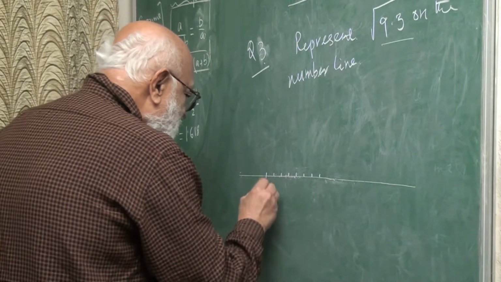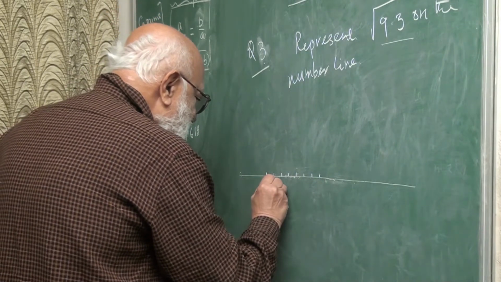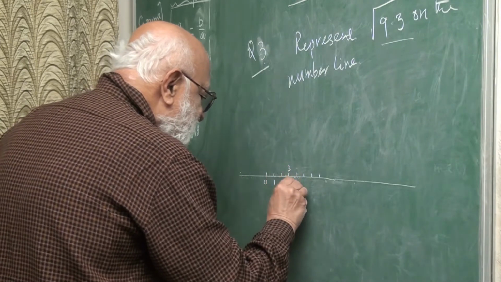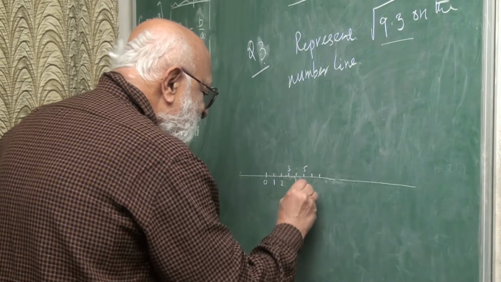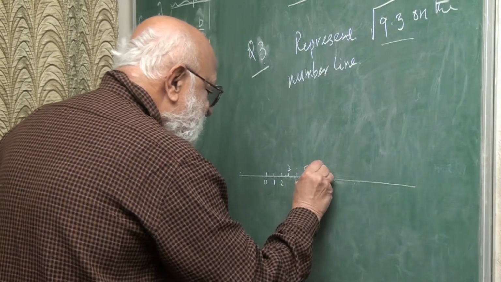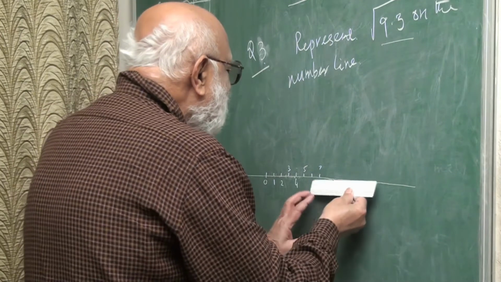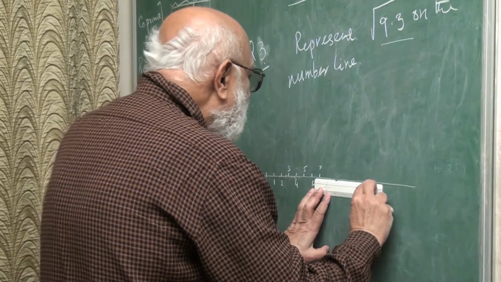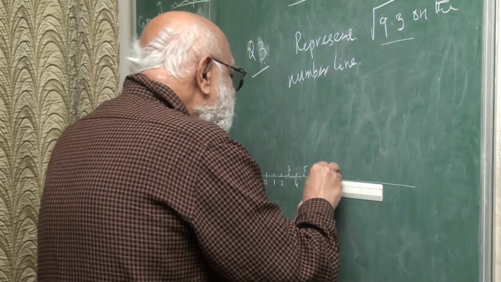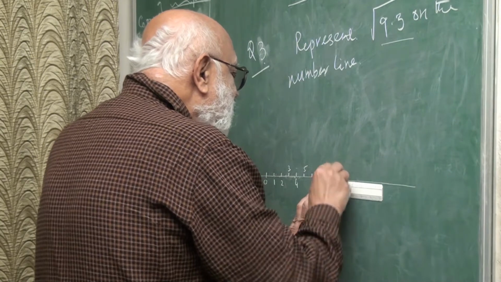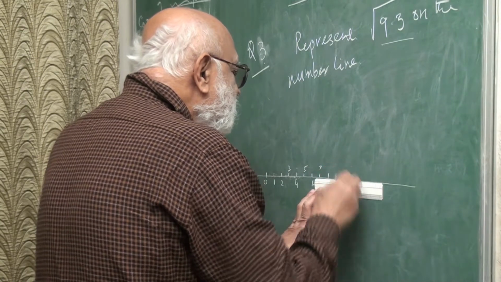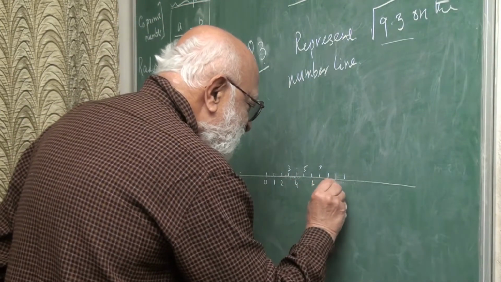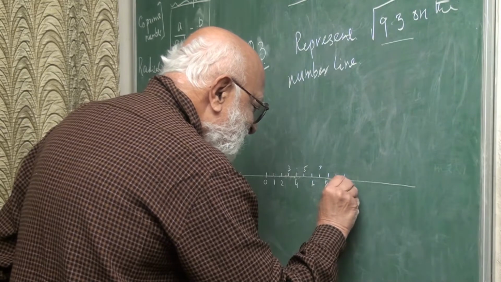So how many did I get? Let us take this as 0, this is 1, this is 2, this is 3, this is 4, this is 5, this is 6, and this is 7. Okay, I have to go a few more. I will go up to 10. So this would be 8, this would be 9, and this will be 10.